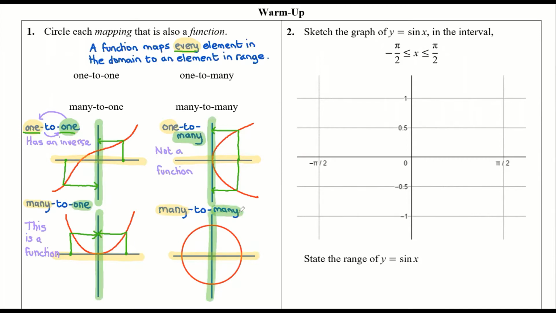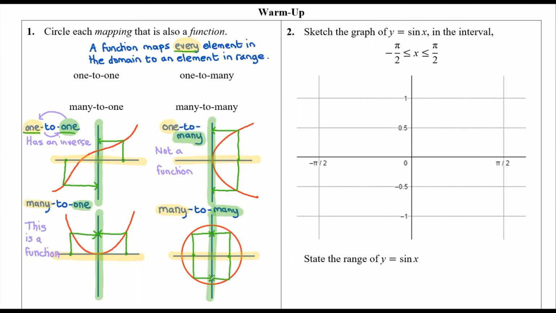If I pick any unique element in the domain, I'll start in roughly the same place. If it was just that, it would be fine. It would be one-to-one. But we can see from this instance, it's definitely one-to-many, isn't it? But also I can take the same or a different element over here, and that also maps to many values.